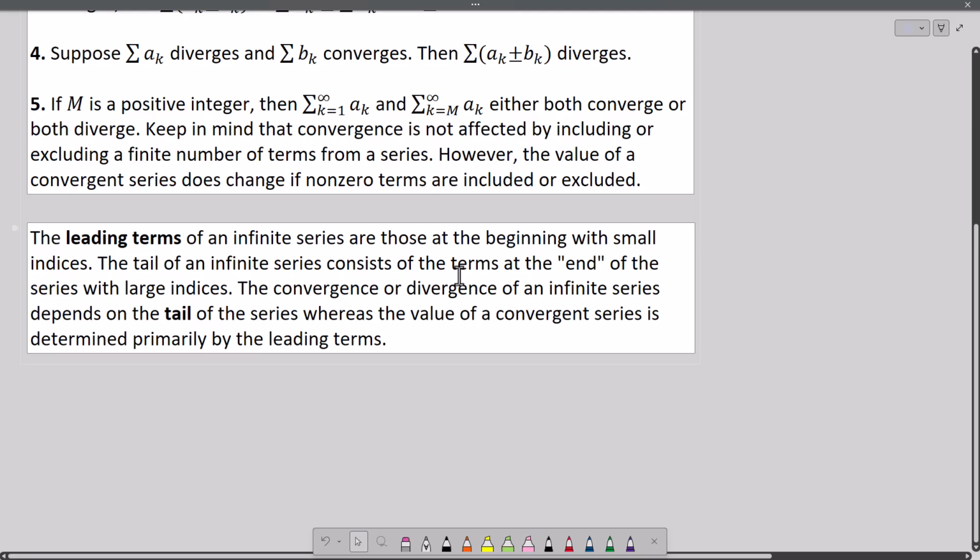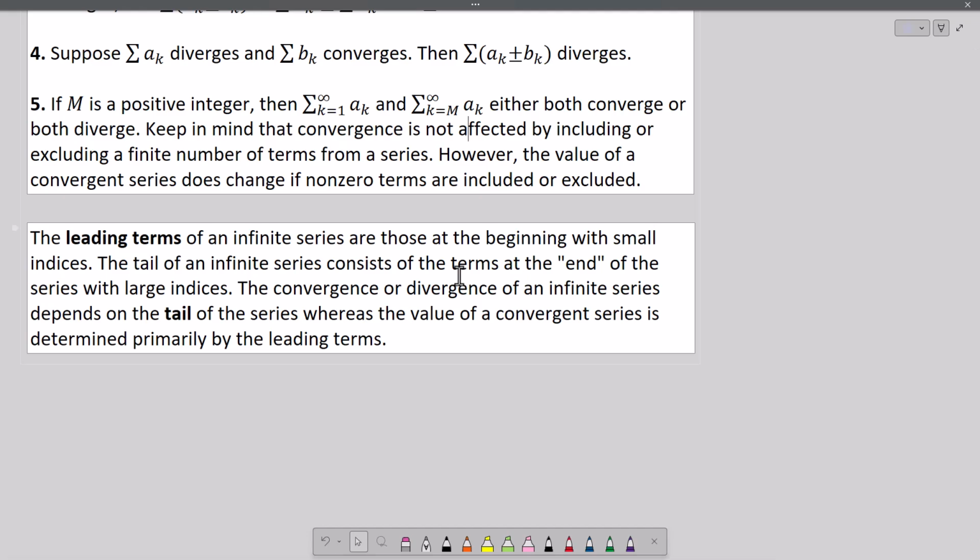Okay. So when we're thinking about a series, the leading terms don't affect convergence or divergence. But what they do affect is, if you have a convergent series, the leading terms are going to contribute the most to the actual sum of the series.